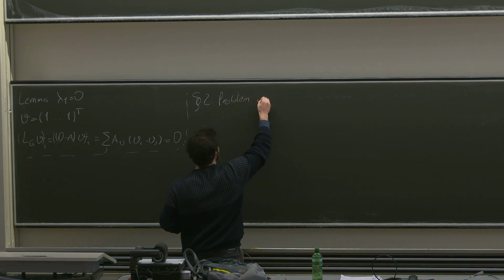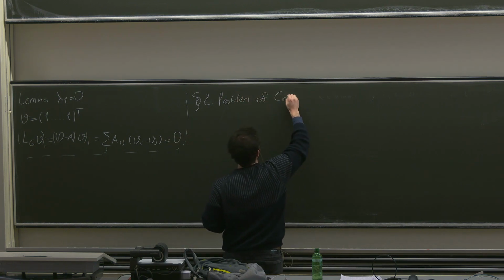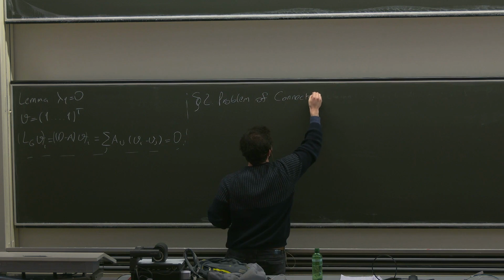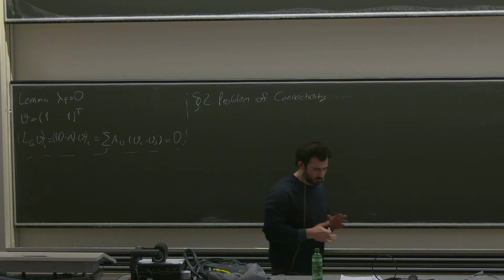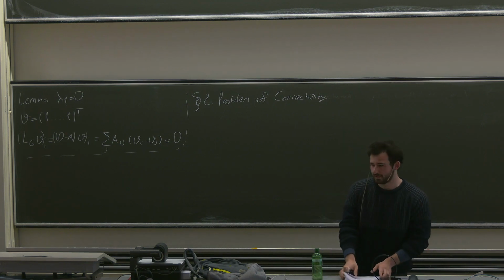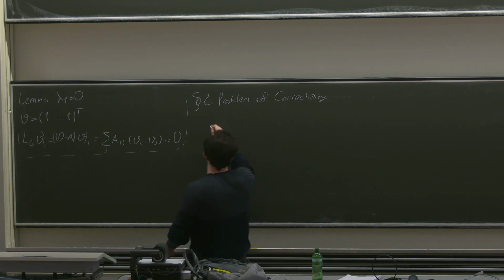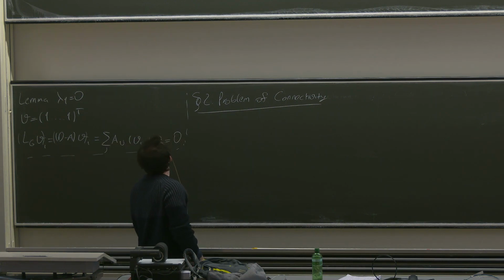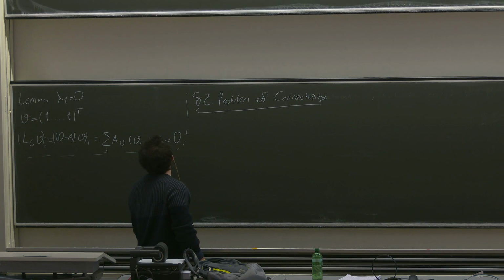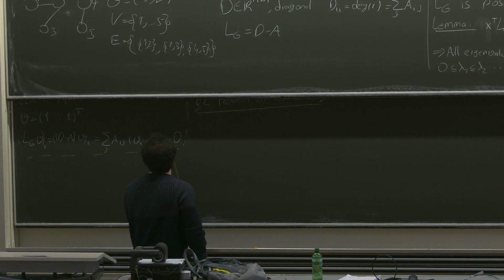Problem of connectivity. Let me remind you what connectivity is in a graph. I think the best way to do this is just to give an example. So we see the graph here.